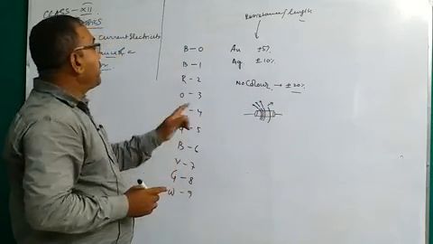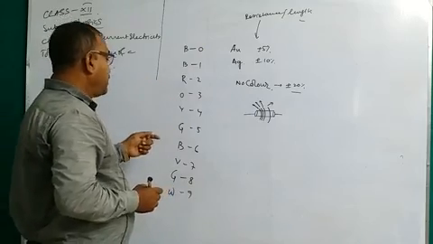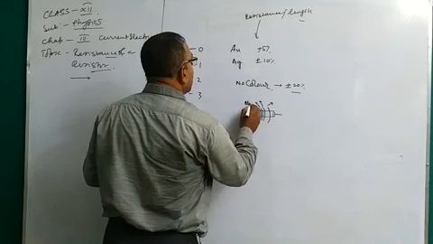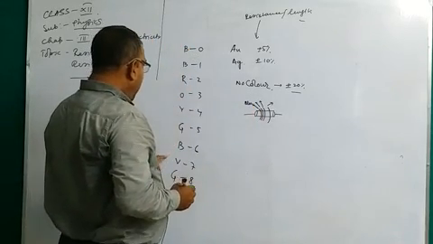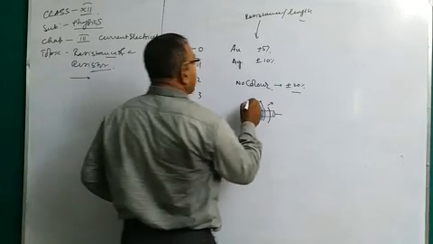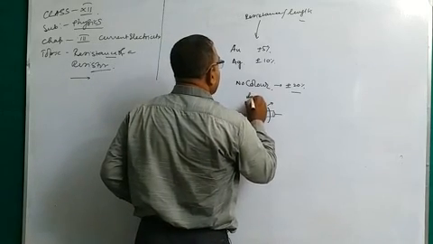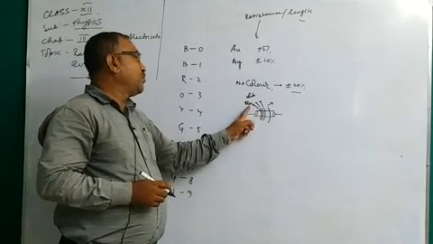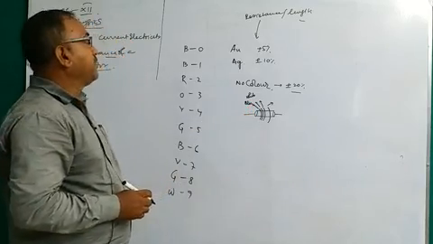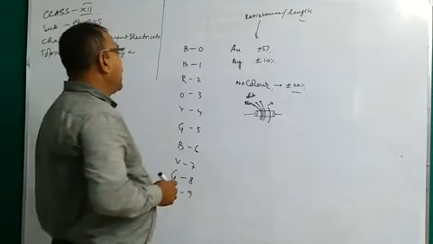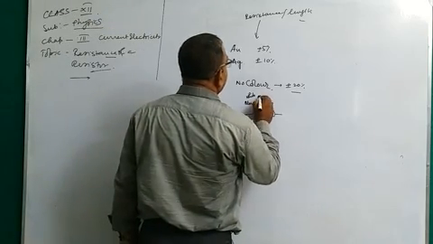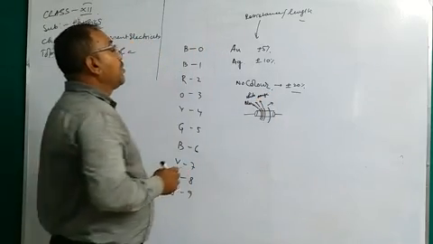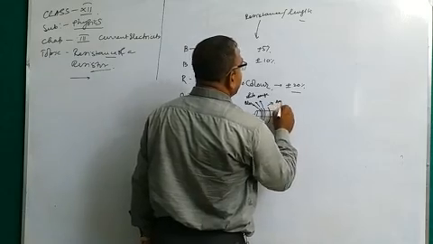Suppose the first two colors of the band are blue and white. The first ring color is blue, the second ring color is white, and the third ring color is orange. Okay, so the fourth color is silver.